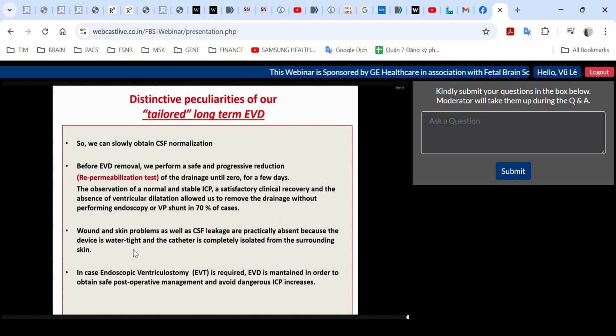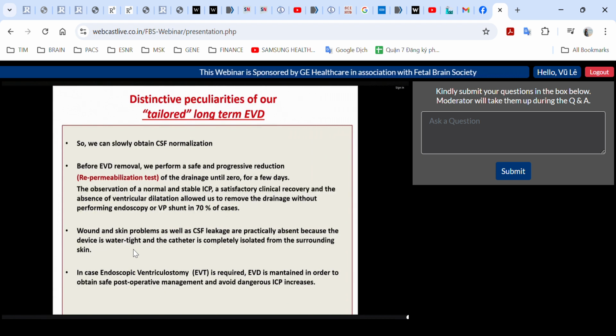We perform a safe and progressive reduction of the drainage until zero for a few days. The observation of a normal and stable ICP, a satisfactory clinical recovery, and the absence of ventricular dilatation allow us to remove the drainage without performing endoscopy or a shunt in 70% of cases.